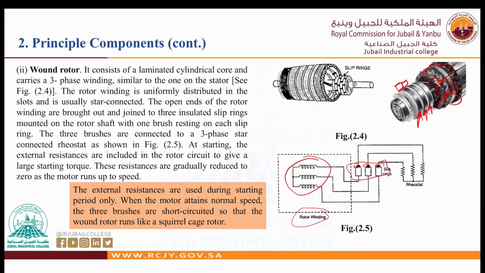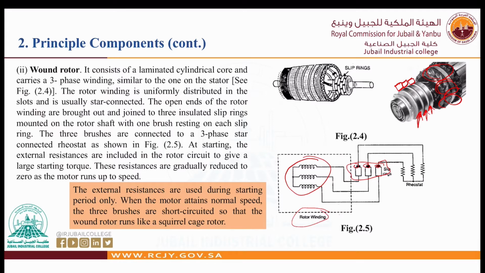Brushes are made of carbon, to take out the current from the slip ring. So we will have friction between the brushes and the slip ring, and this will cause some heating problem and some losses, but still we can have high starting current.